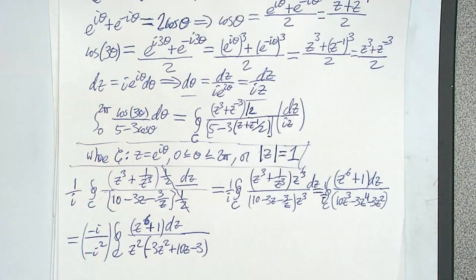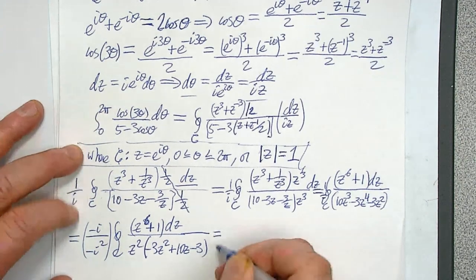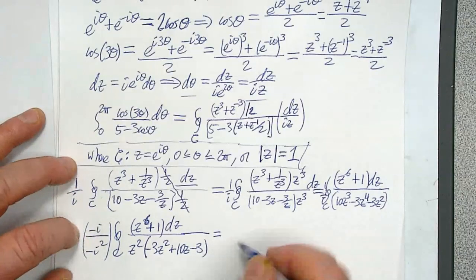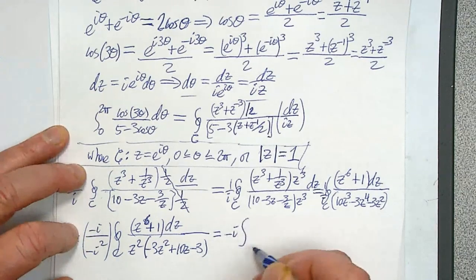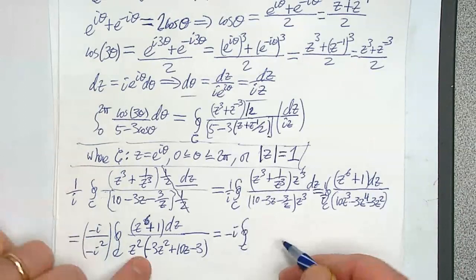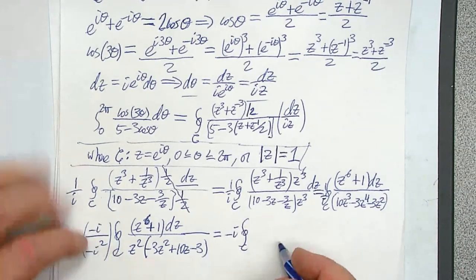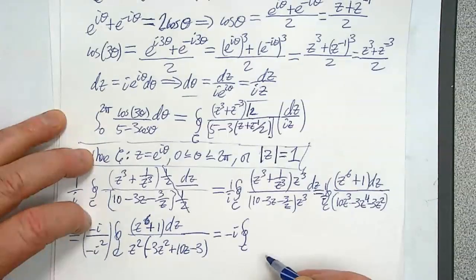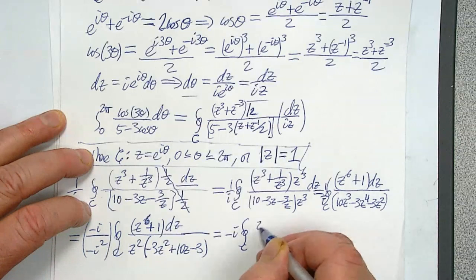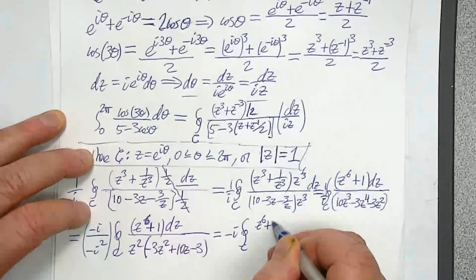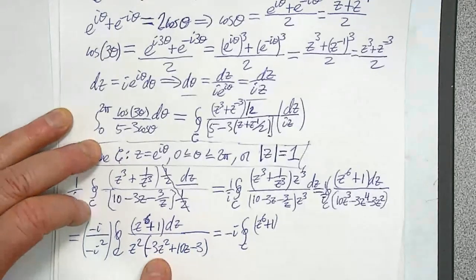Okay. And so the minus z minus I, but I could also bring out a minus sign, and that'll give me a positive leading coefficient.